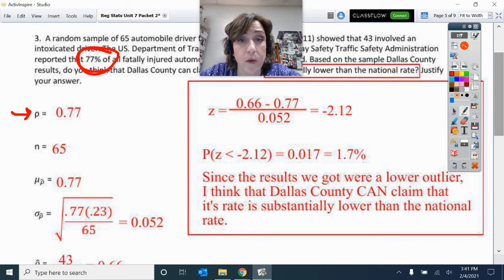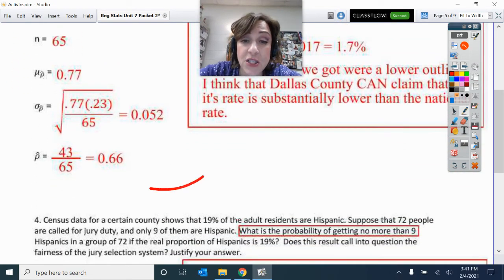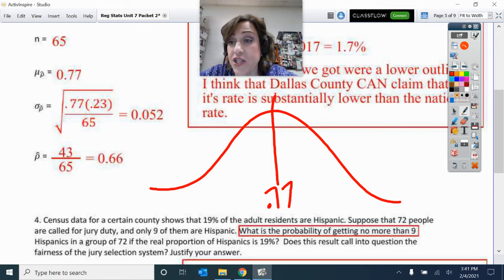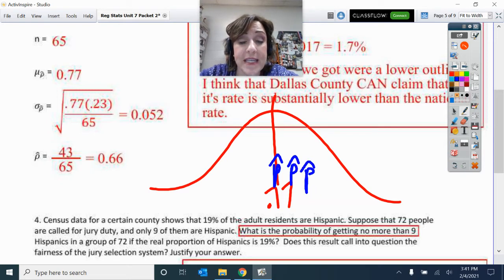And we want to know, is Dallas's along the lines of that rate, of the national rate? So look here. This question is saying this: if Dallas County is like the rest of the nation, like the national rate, then all the samples that we get from Dallas County will be centered around 0.77.